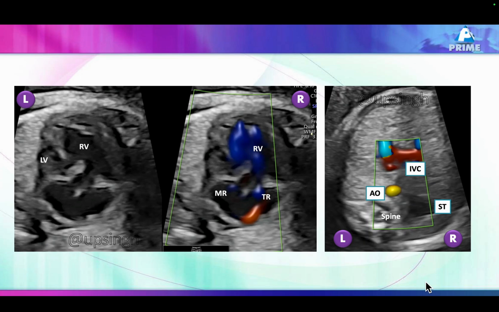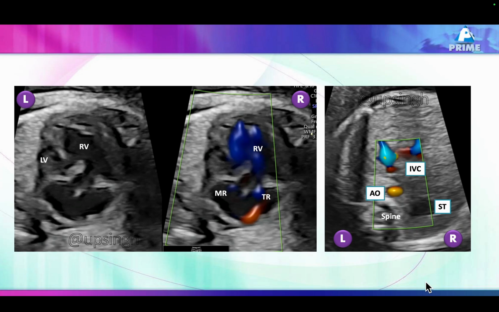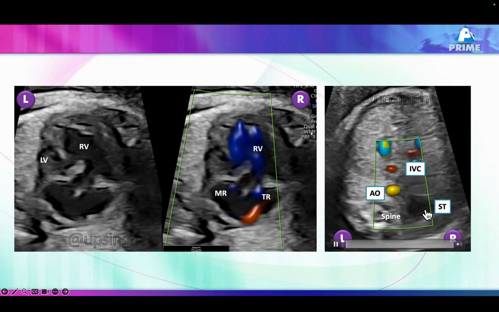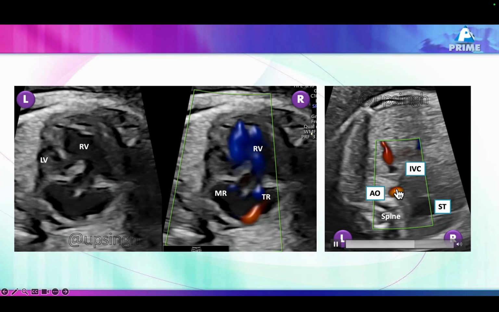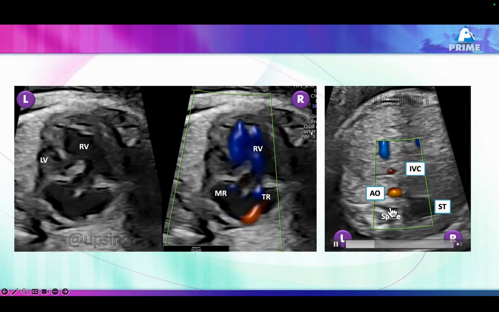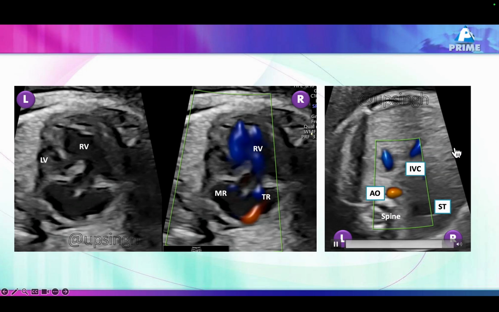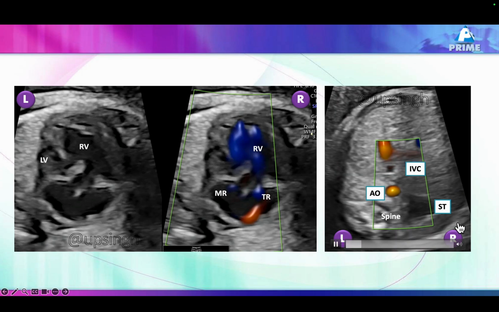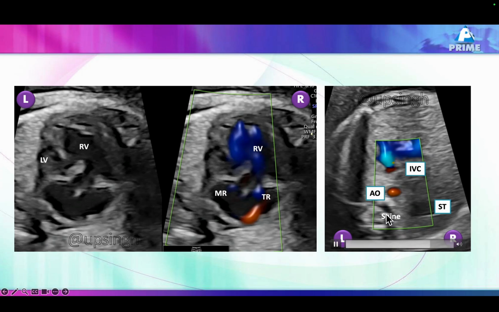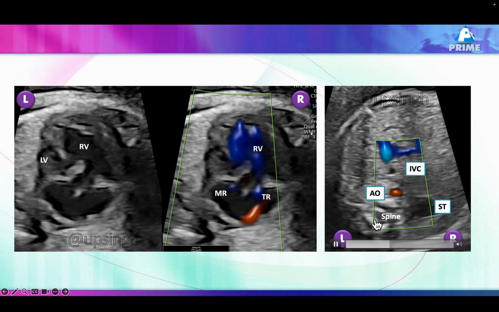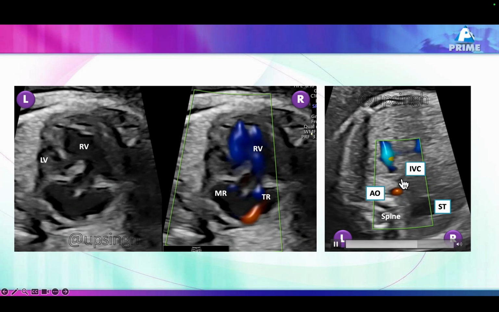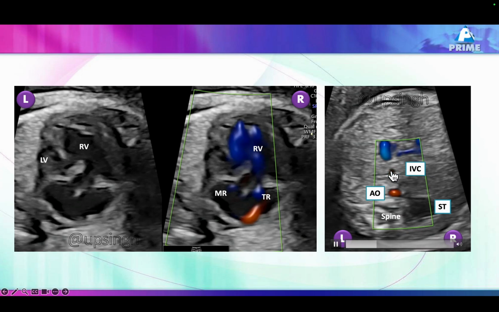So let's start with the abdominal view. In the abdominal view, a cross section, this is the stomach, this is the aorta, and this is the IVC, and that's the spine. Now you notice the spine and the stomach, this is actually the right side, based on the orientation of the fetus, and both aorta and IVC are on the left side.